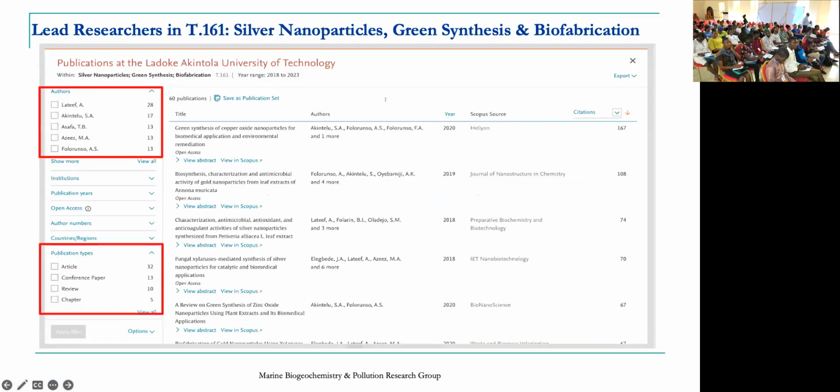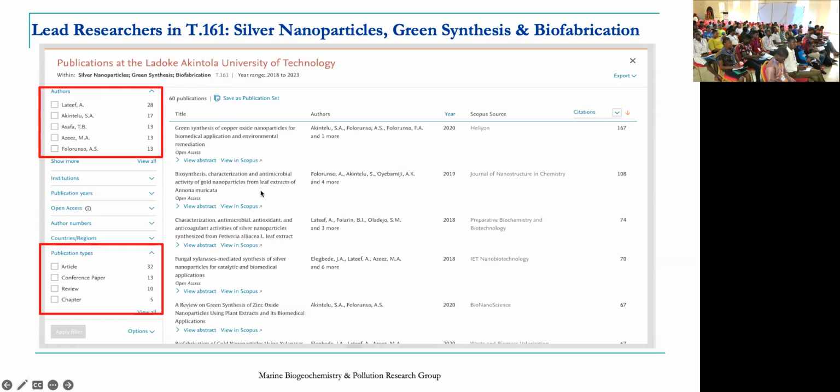This is the list of the top 5 researchers in the university conducting research in green chemistry-based topics. This one is topic 161, that's silver nanoparticles, green synthesis and biofabrication.